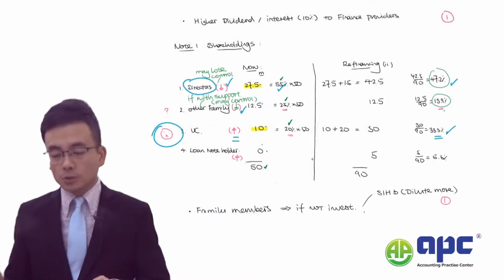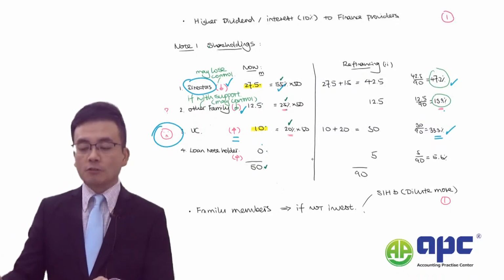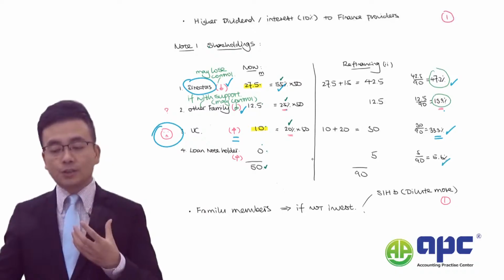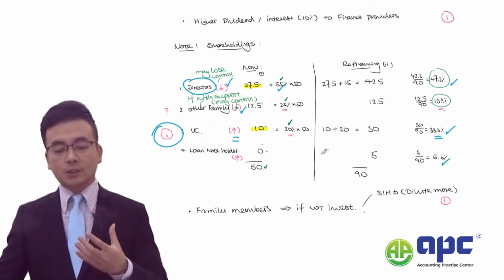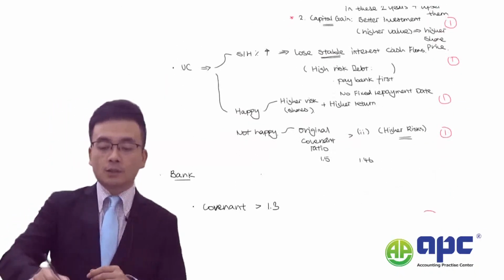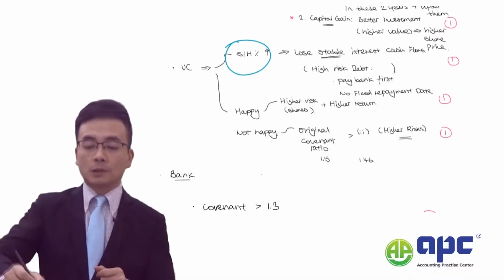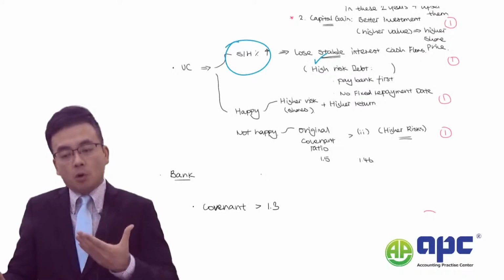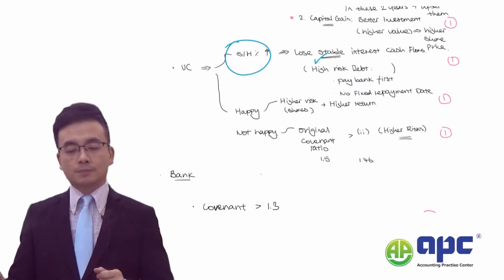For loan note holders, now they've got 5.6% shares. All right, so what we could say is that for the VC, onto the next page, although you increase the shareholdings, you lose stable interest cash flows, replacing that with more risky capital.